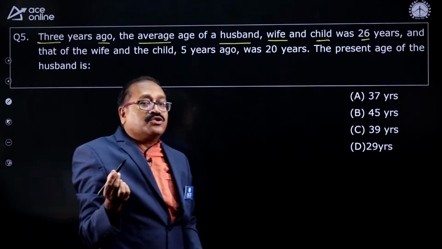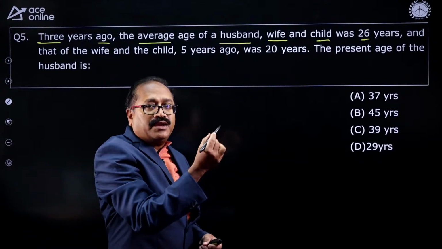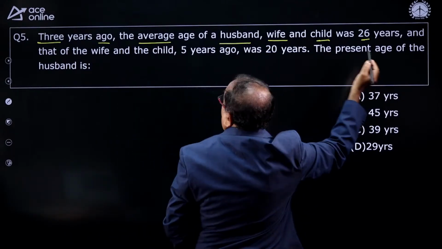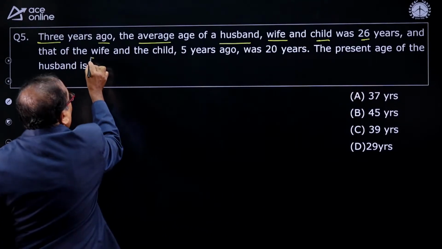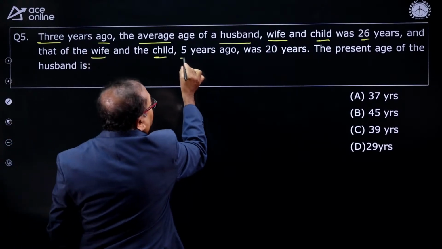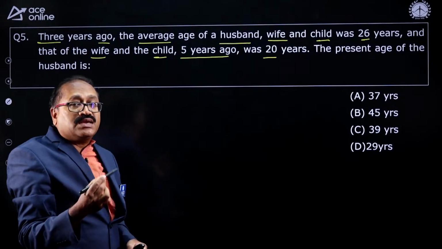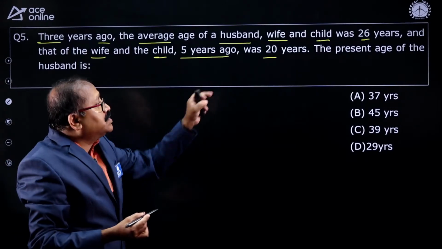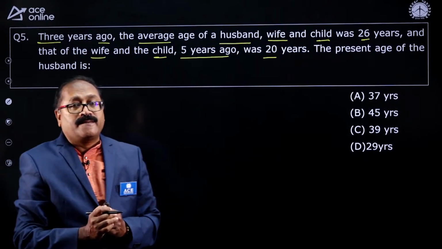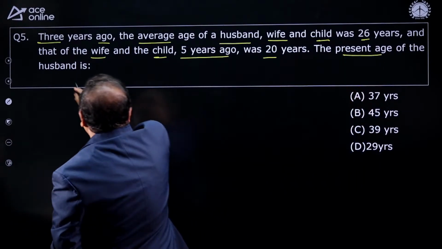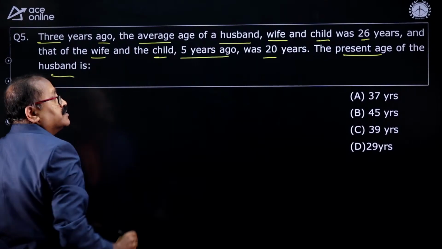So you can find out the total age of 3 years ago, 26 into 3. And the average age of wife and child 5 years ago was 20 years. Then the present age of husband is?